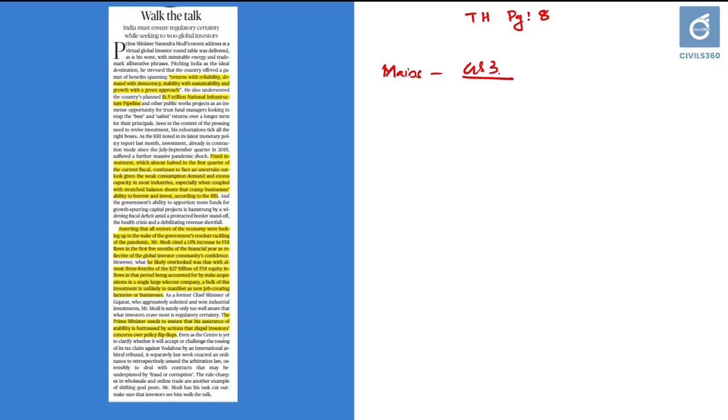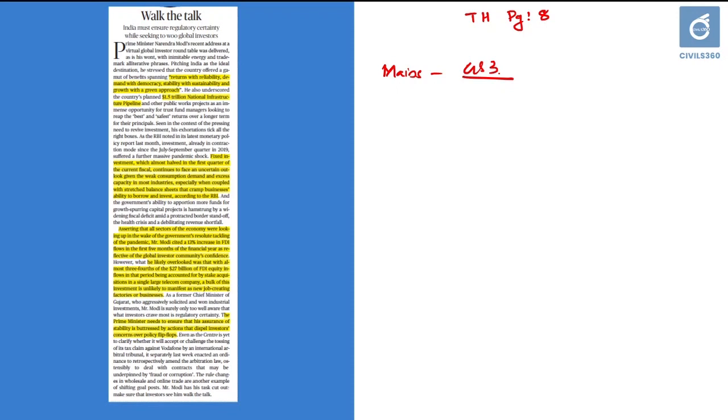Okay, so this article will give certain challenges that is faced by India in bringing investment to India. So there is certain regulatory challenges. There is certain issues related to our regulatory policies, our laws and regulations, and there is issues in transit, transport, etc. All these are mentioned in this article.